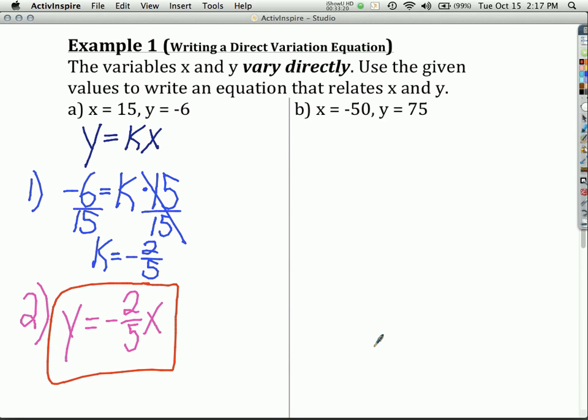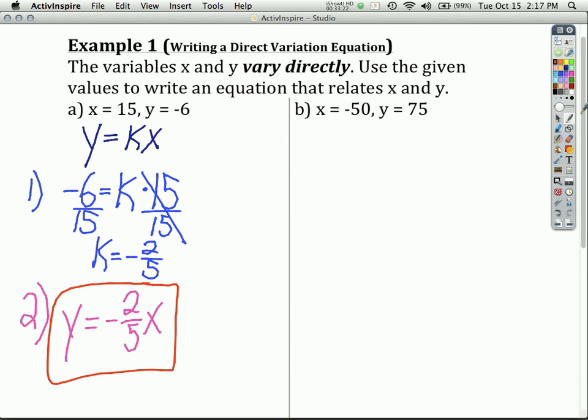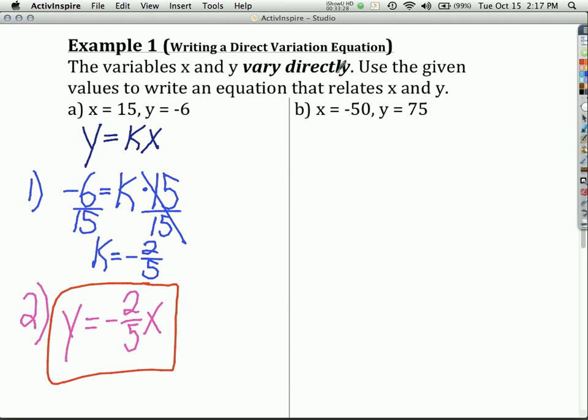Good. So let's make sure we're understanding part B. X is -50, y is 75, and we know that they vary directly. So once you hear that they vary directly, you should immediately be thinking y equals kx. Yes, Nathaniel? You're good?